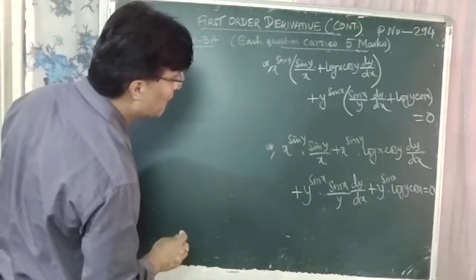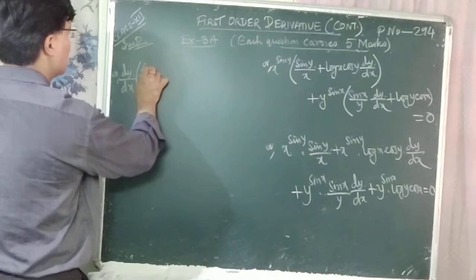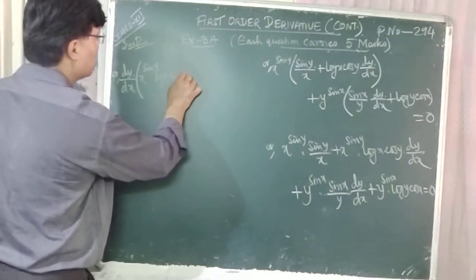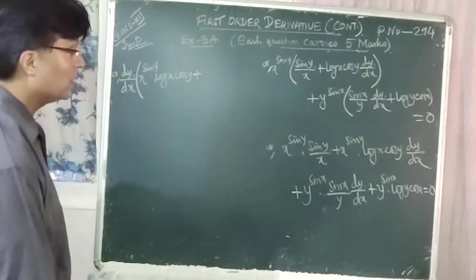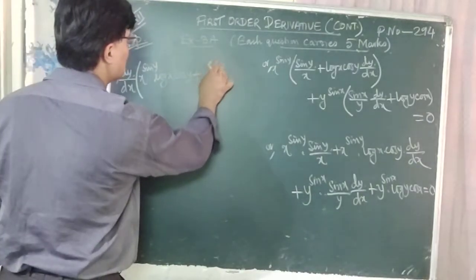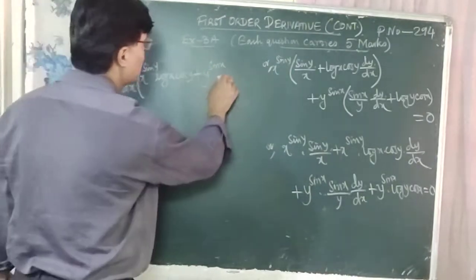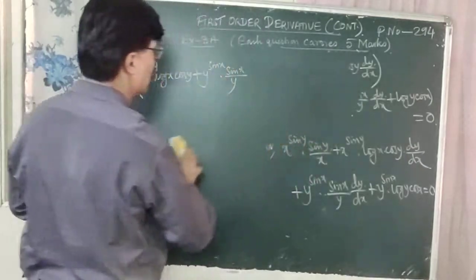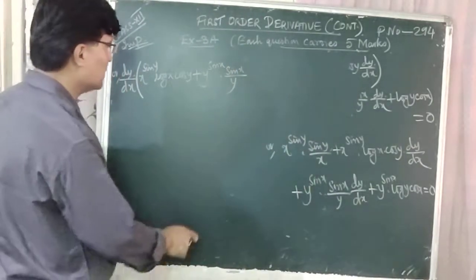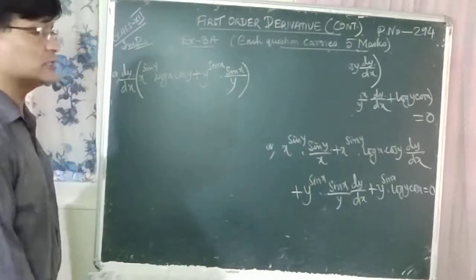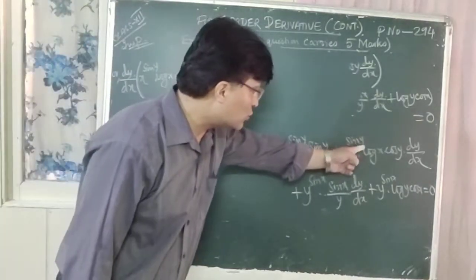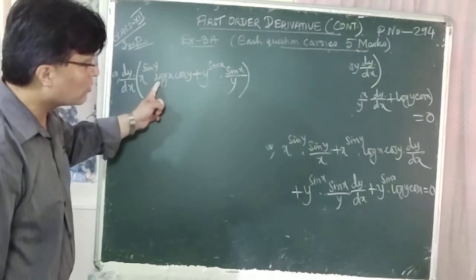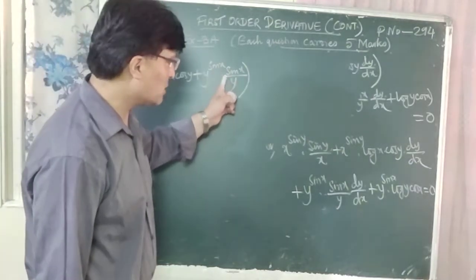Within bracket we have x to the power sin y log x cos y, plus y to the power sin x into sin x by y.